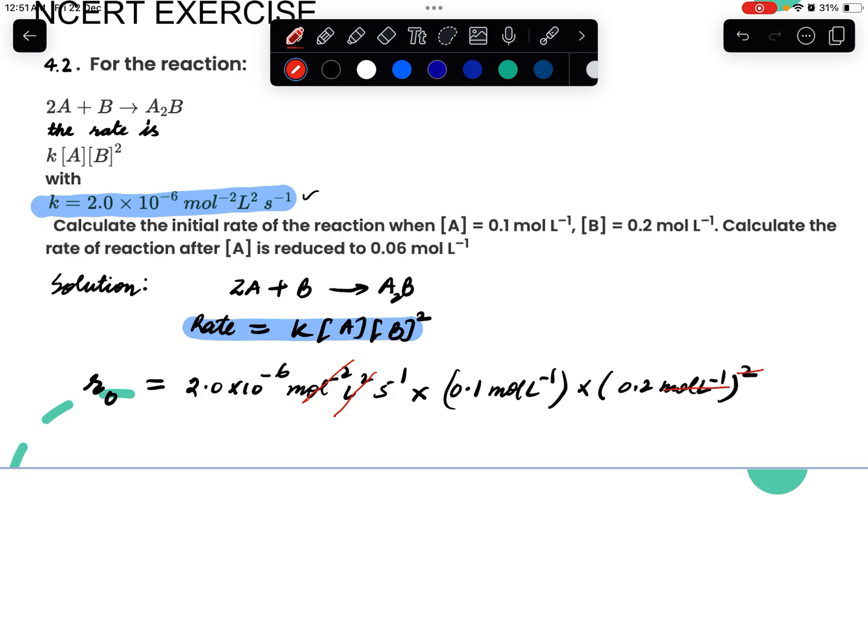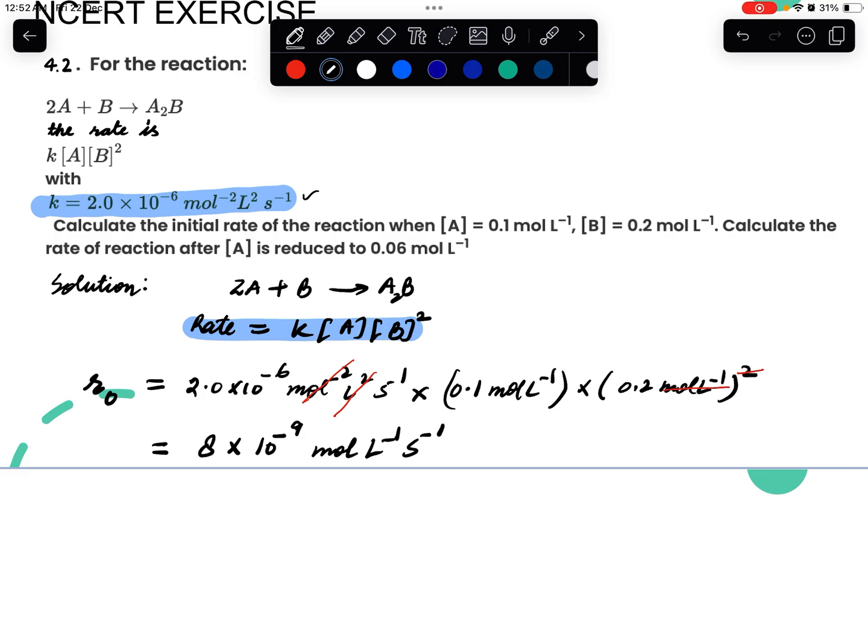After multiplication, the value we get is 8 into 10 raised to the power -9 moles per liter per second. So this is the value of the initial rate.